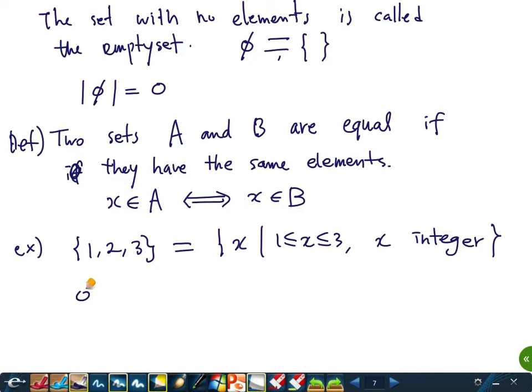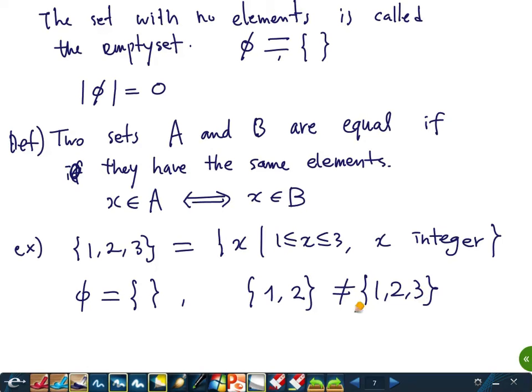And is this equal to this? We already wrote that down. 1, 2, 3. Of course, they are not equal. 3 is here, but not here.